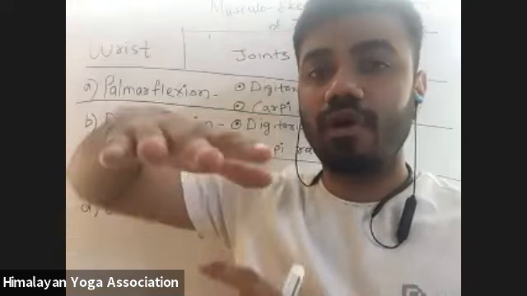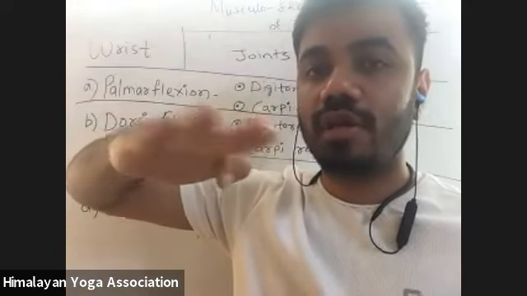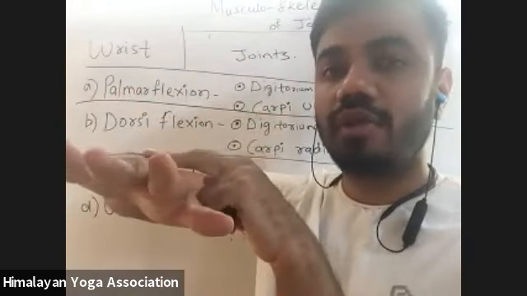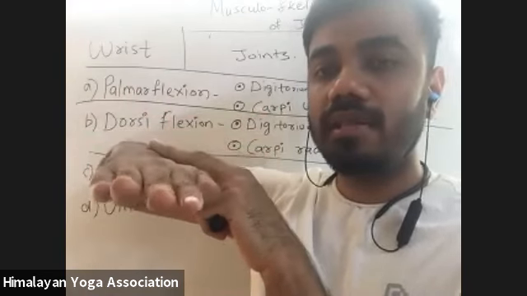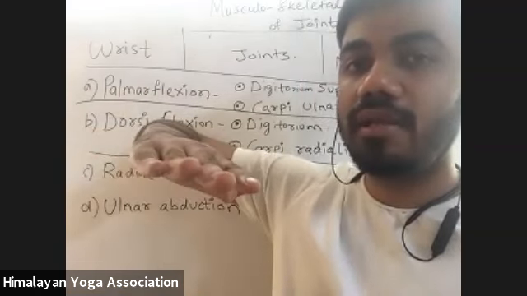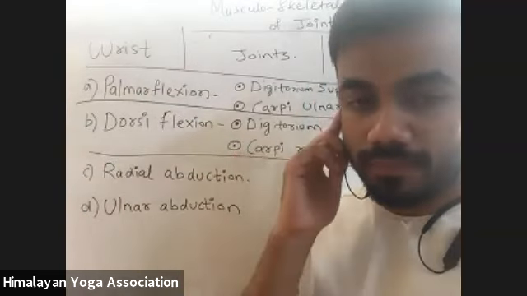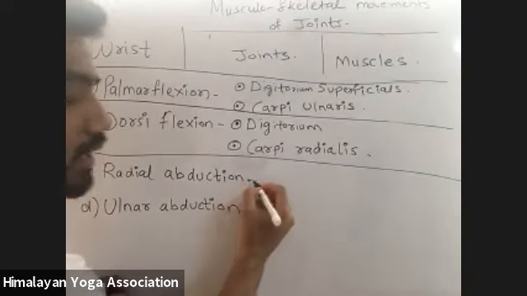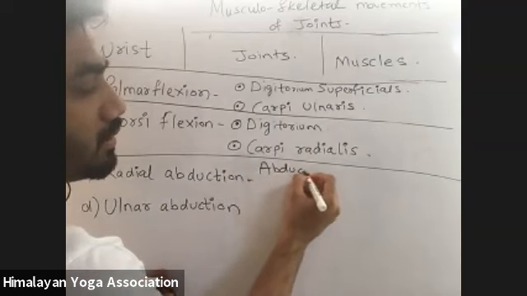If we move away from the midline, this is the radial abduction of the wrist, where this is the neutral position. And ulnar abduction of the wrist is away from the midline. This is the midline, this is radial abduction, this is the neutral, again midline, and ulnar abduction. Okay. So here as well, we have the abductors group of muscles.